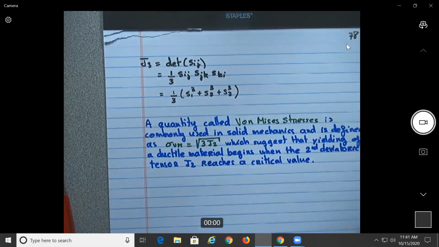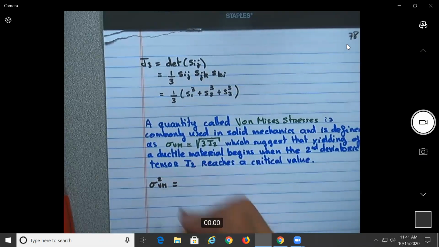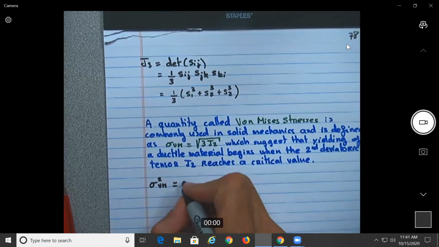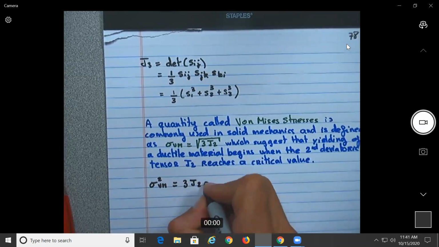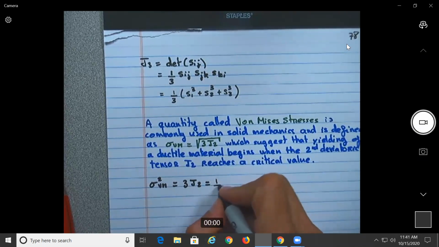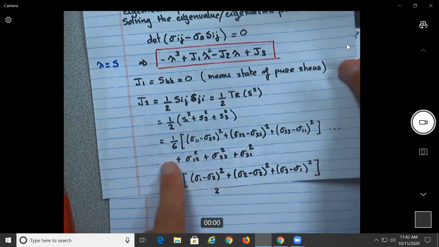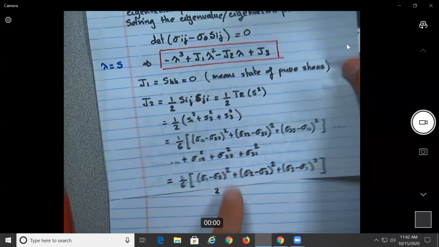So let's see if I was able to write this one. So that will give us what? Von Mises square would be equal to what? 3J2, which should be equal to what? 1/2. I don't know if I'm gonna have space. I'm copying here this equation. All right. Okay, this one over here.